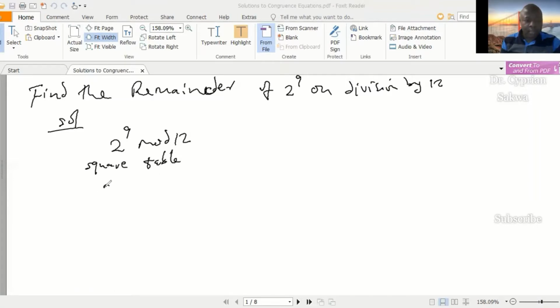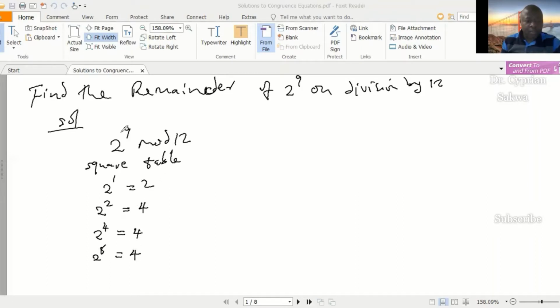I'll just say 2 raised to 1. What is 2 raised to 1? It will be 2. What about 2 raised to 2? It will be 2 times 2, which is 4. Remember, it's mod 12. What about 2 raised to 4? When I square this, it will be 16, which has remainder 4. What about when I square this? 2 raised to 8. It will be 4 times 4, which is 4.